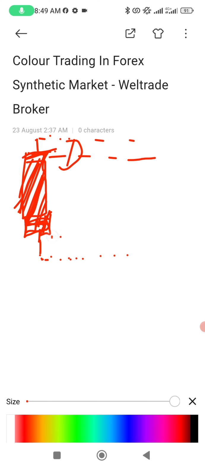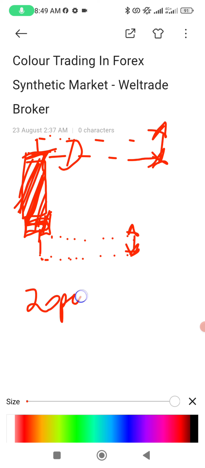So the wicks are the low and the high, right? You measure the length of the low and the length of the high. Let's assume if we measure these and add them together, you have something like 20 pips.